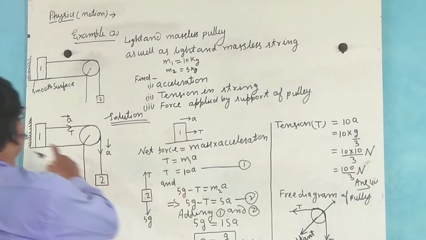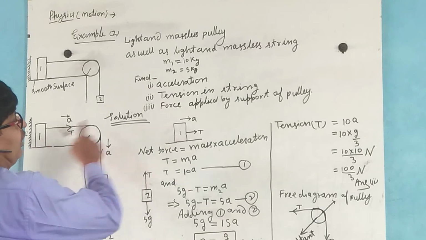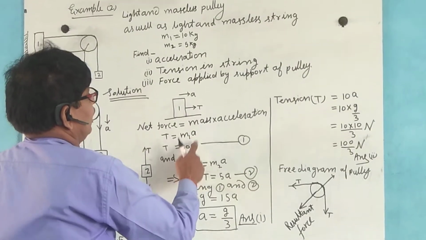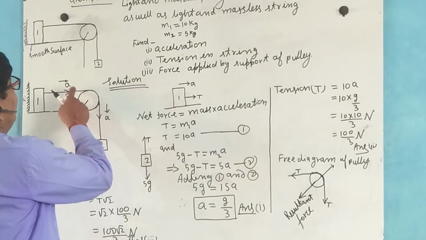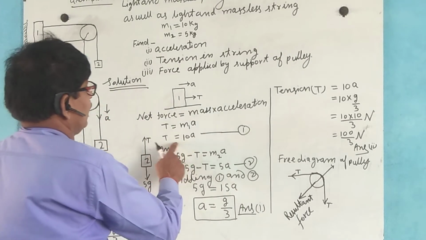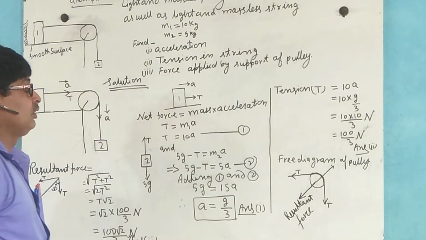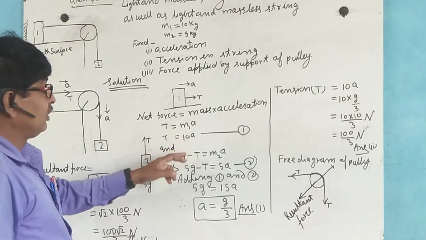Here mass is m1, that is 10 kg, and a is the acceleration of this, so T is equal to 10a. This is equation 1.